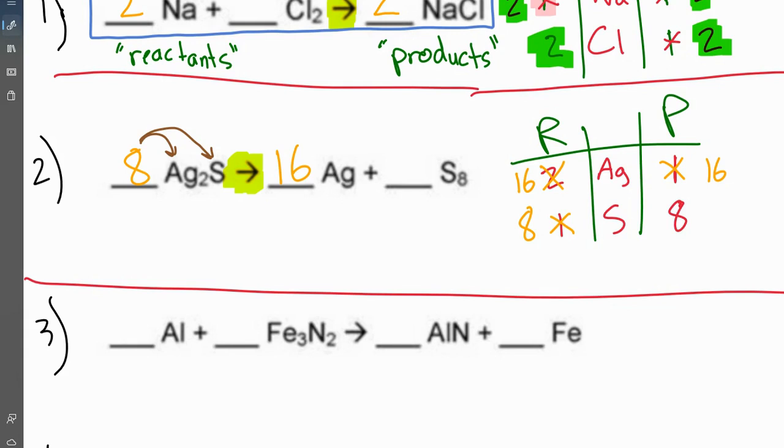That's what we needed. So that now is our balanced chemical reaction. 8 Ag2S yields or produces 16 silvers plus, remember this blank, it's just 1 S8.